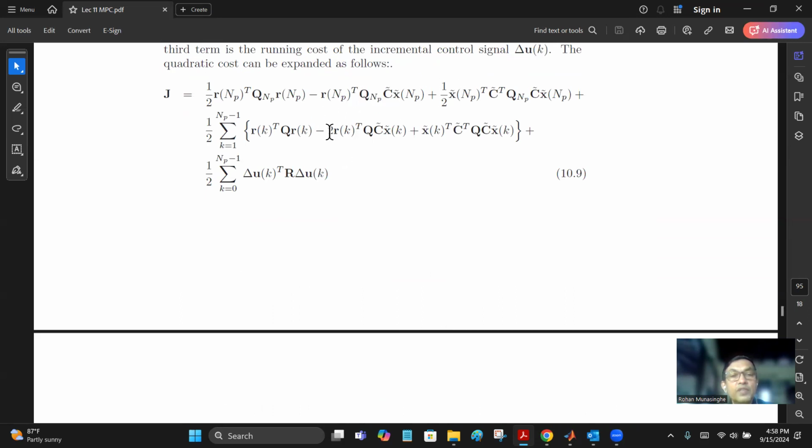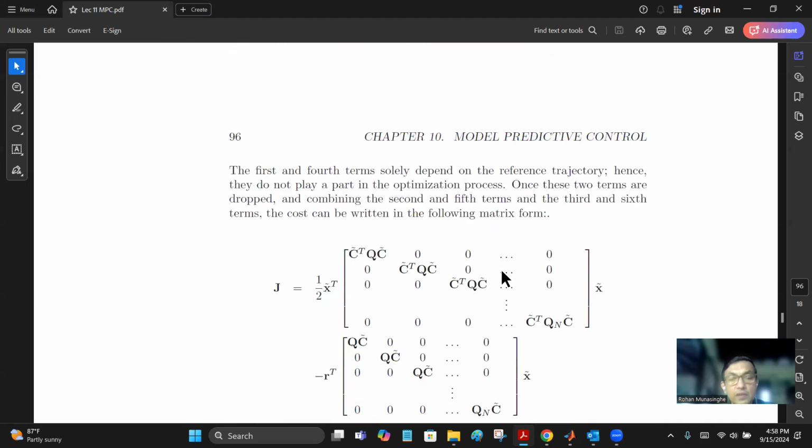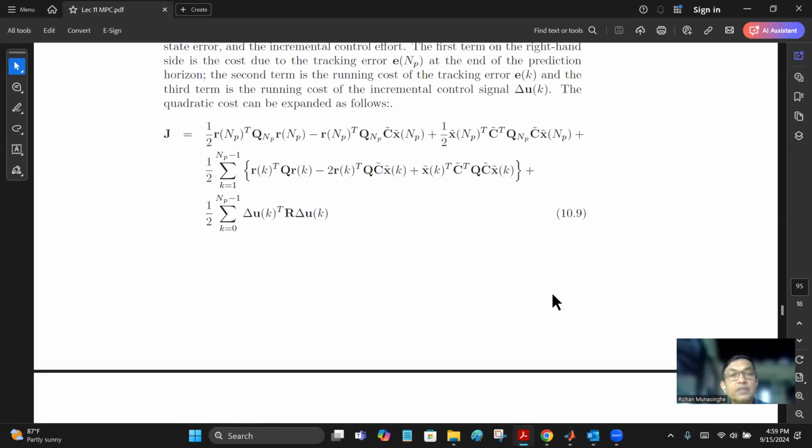So here we get two summations, these two terms and these two terms separately, from k equals 1 to N_p, right? And then the third term here. The first summation is associated with this matrix, half x tilde transpose x tilde, right? So that is from this one, x transpose x, x transpose x.